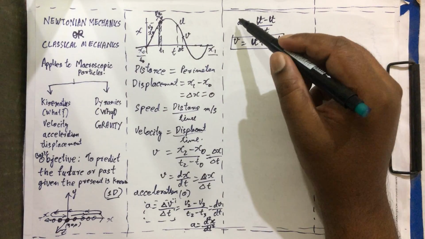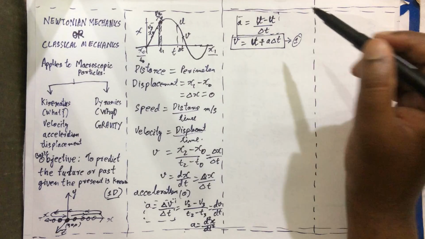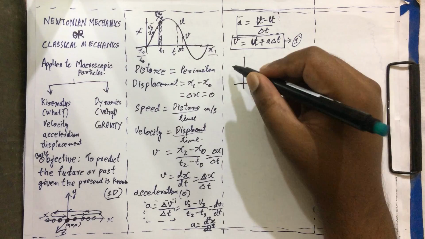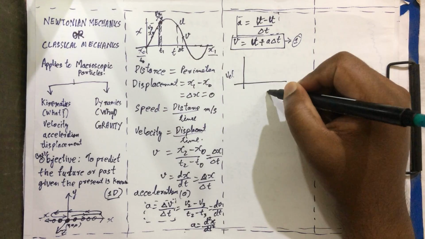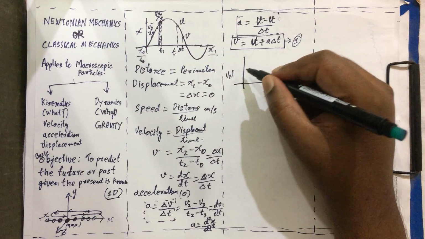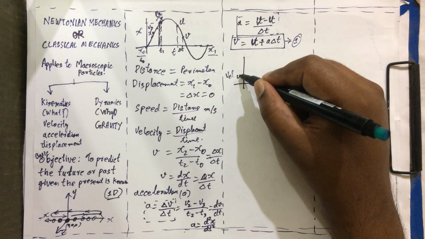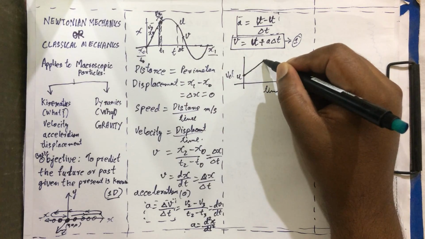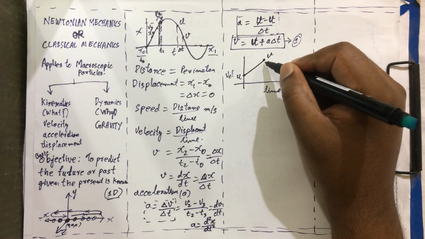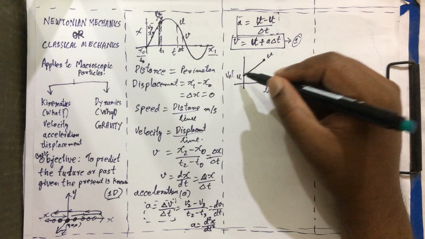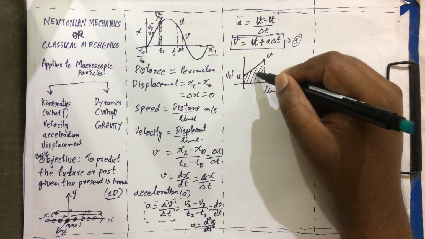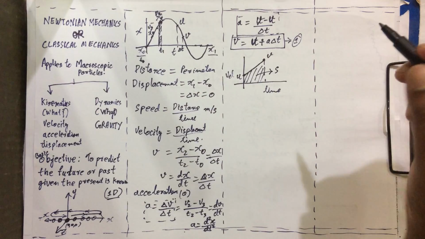Similarly, if we analyze this equation again, so this equation says that if we make a velocity versus time graph, initially the velocity is u, and then you've accelerated it to a point v. In a velocity time graph, the area under the curve gives us the distance.